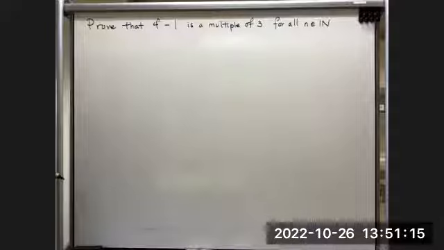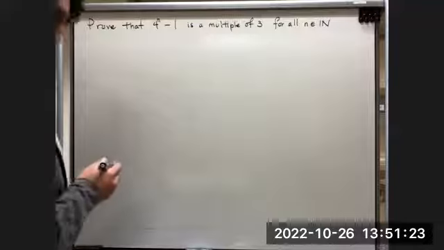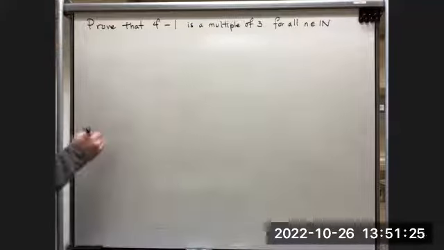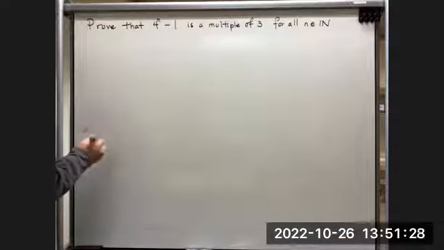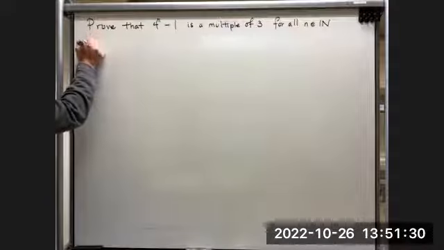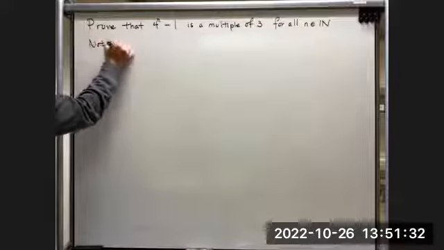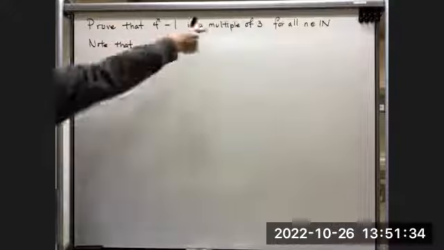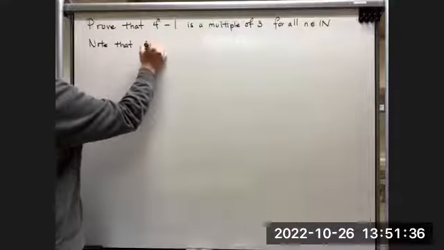So we want to demonstrate that for every natural number, 4 to the n minus 1 is a multiple of 3. Now, before we attempt anything, I'd like to see what is the format of the statement. So note that this may be transformed into something of this kind.